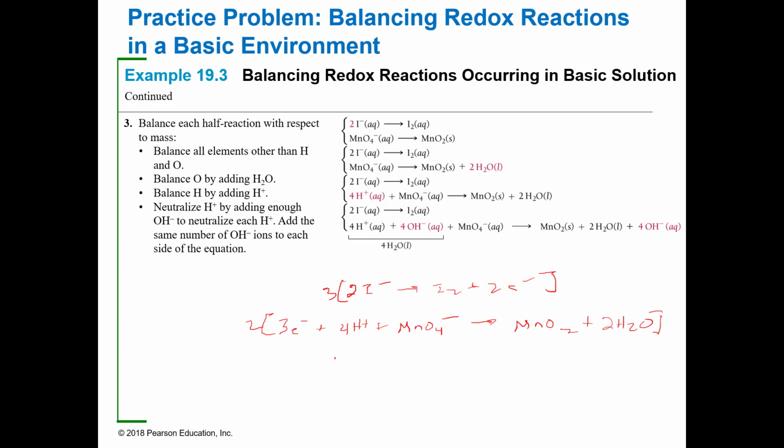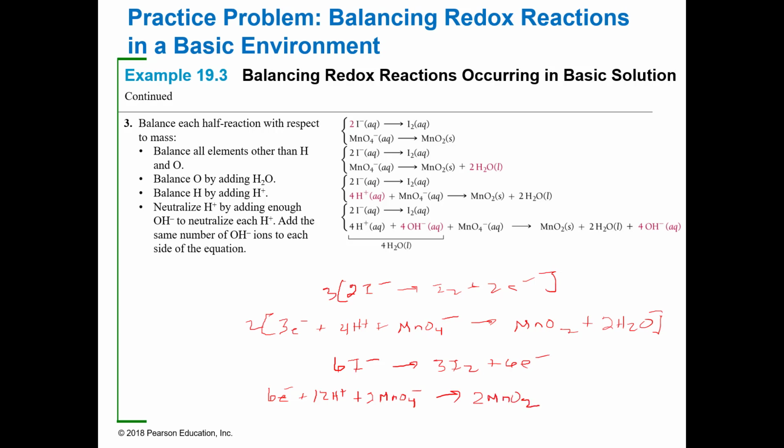So what we have is 6 iodide ions yields 3 iodines plus 6 electrons. And down below we have 6 electrons plus 12 hydrogen ions plus 2 permanganate ions yields 2 manganese 4 oxides.